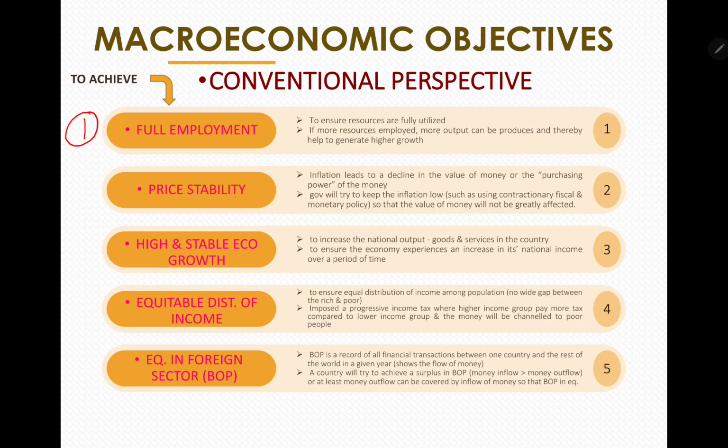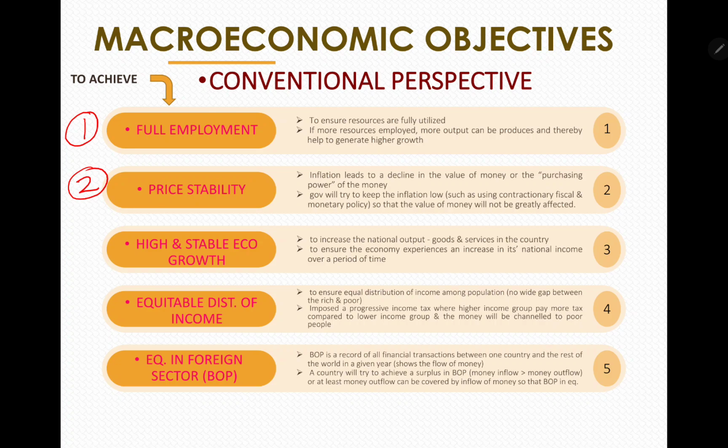So the government's goal is to ensure that they can achieve full employment, or no unemployment at all. Number 2 is to achieve price stability. They want to make sure that the price remains stable in the market, because when prices keep rising, it will affect the citizens and the purchasing power of money, because with the same amount of money, you cannot get as much product as before.